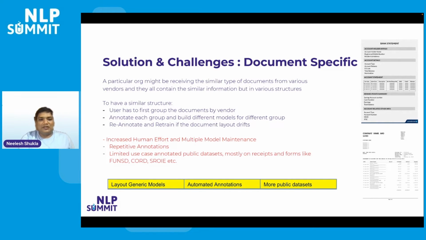And we need to reduce the human effort by generating automated annotations on certain documents. We are already doing some work in this direction, which we are going to publish soon, but not at this time.